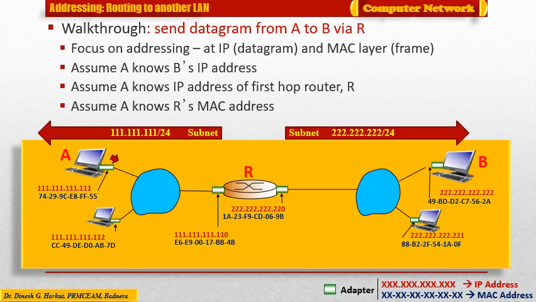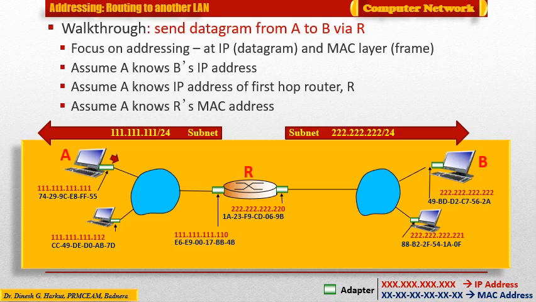Now we will discuss another scenario wherein the datagram is crossing the subnet border, that is, traveling across subnets. It means the source and destination belong to different subnets. It should now be clear how ARP operates when a host wants to send a datagram to another host on the same subnet, which we have discussed.